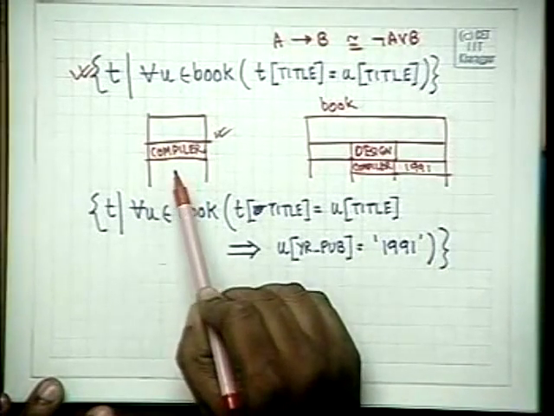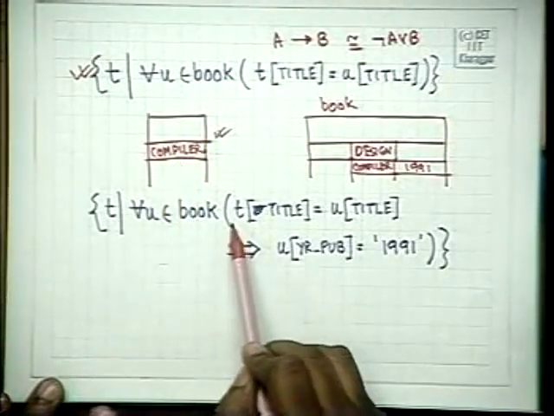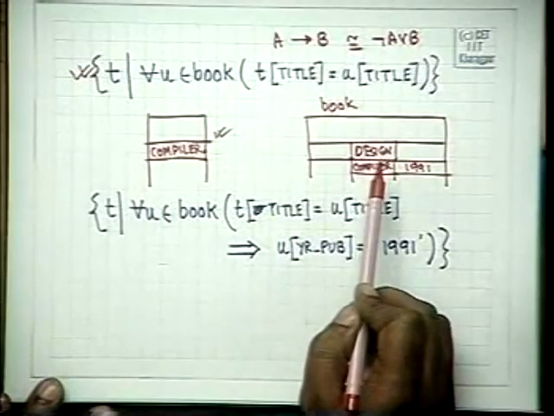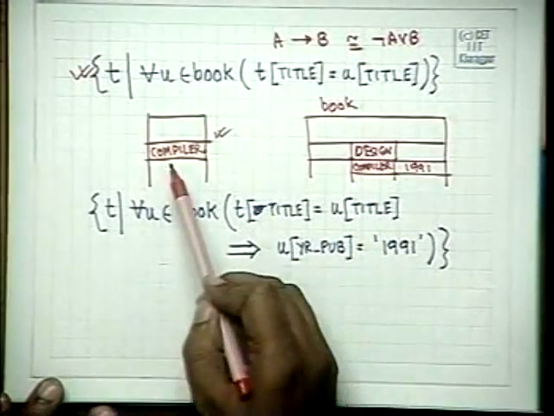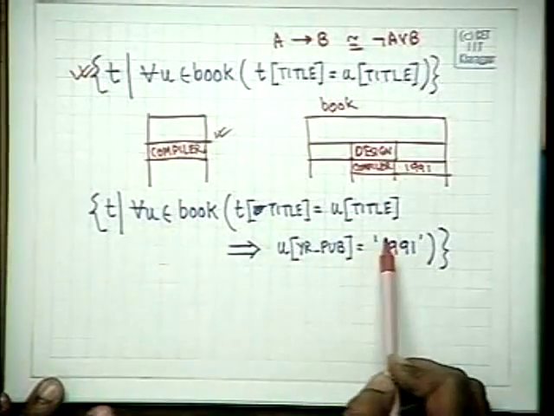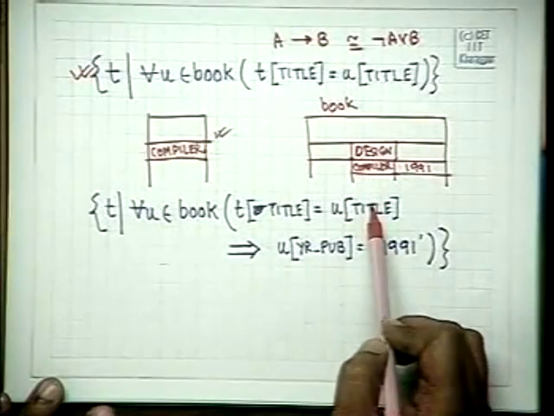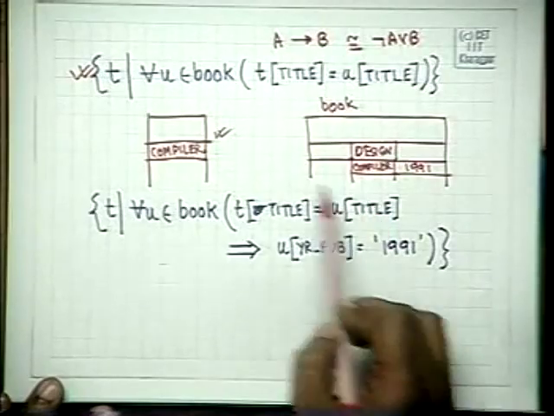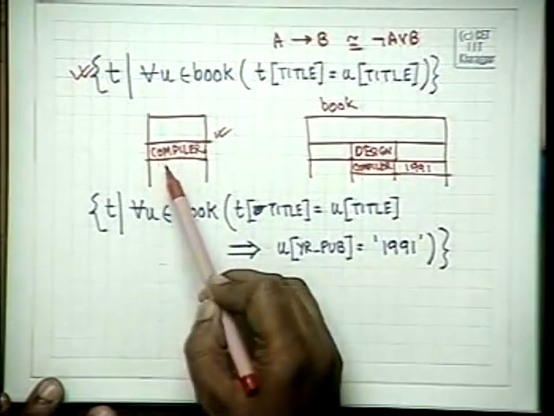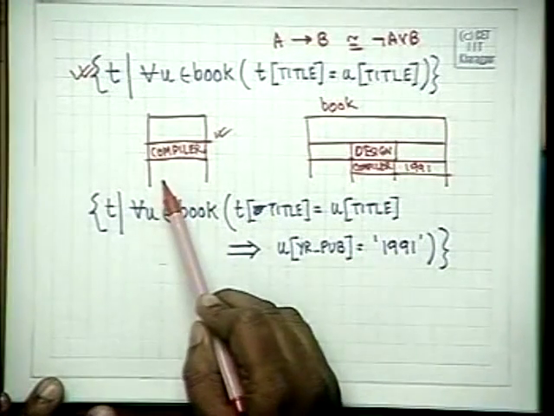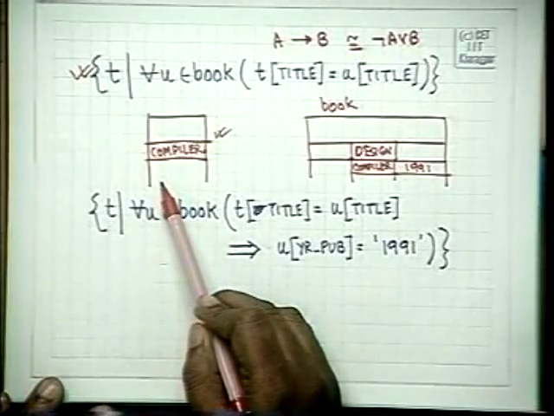It also means that if there is a title which does not have any match in book, that title should also be here, because it may not match. See, if I write abracadabra, there will be no book called abracadabra here. So should that be present in this relationship?